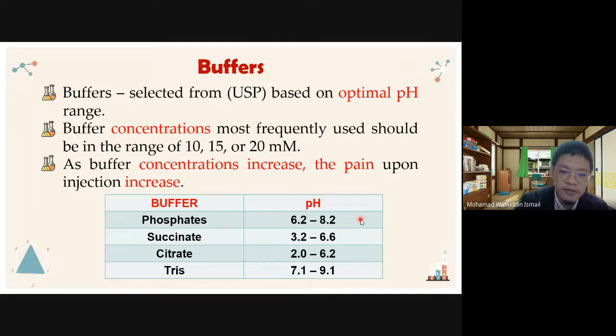And then the buffers are a kind of solution that must deliver the properties suitable for humans. That part is not difficult because the list has been given by USP and FDA, whether a buffer is suitable or not and what pH range is suitable to be used. So we can match the suitable buffers with the selection of the active drug.